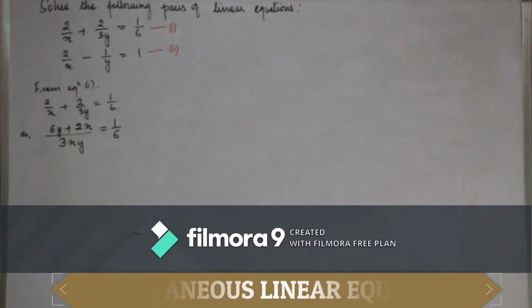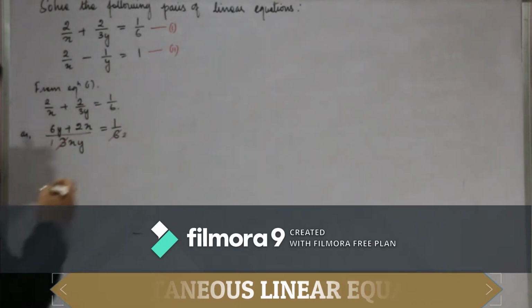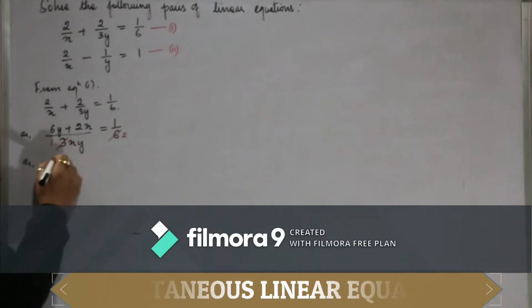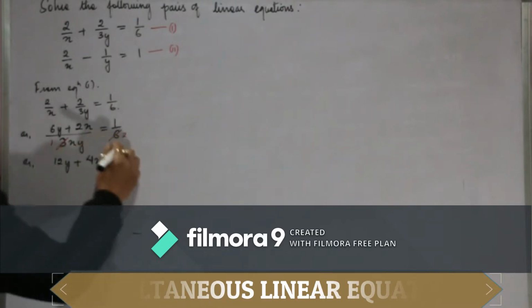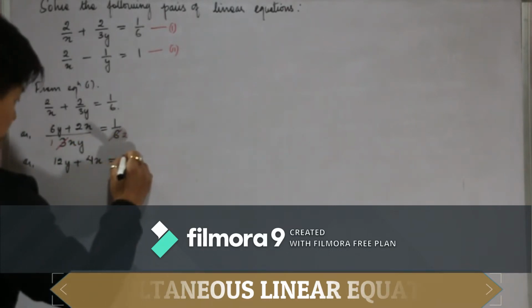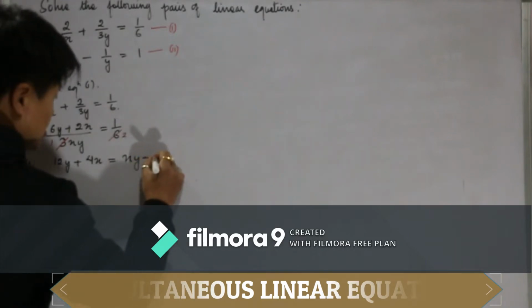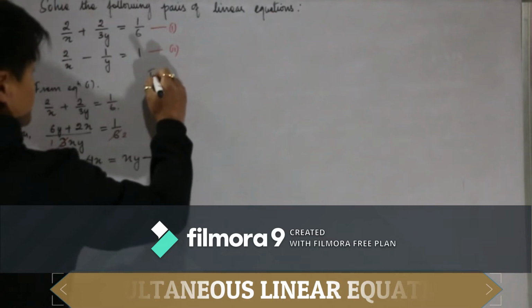In the denominator we have only one term, which is similar. 3 1s are 3, 3 2s are 6. Then simple cross multiplication: 2 6s are 12y plus 2 2s are 4x equals 1 into xy, that is xy. This is equation 3.